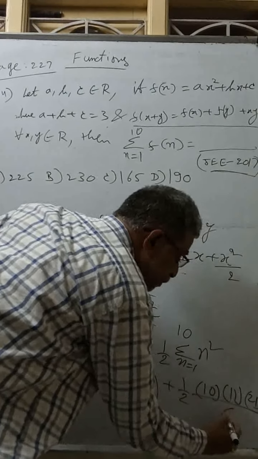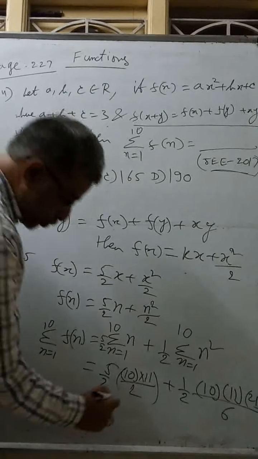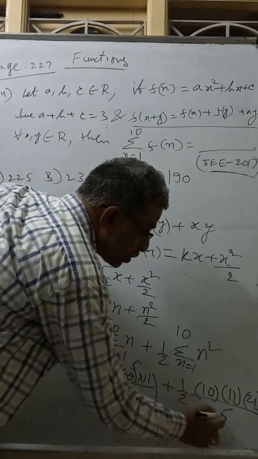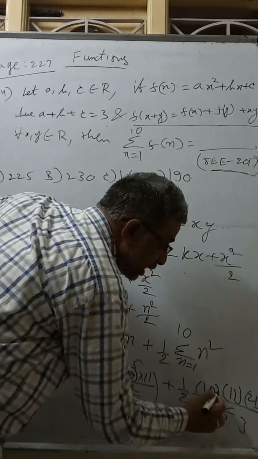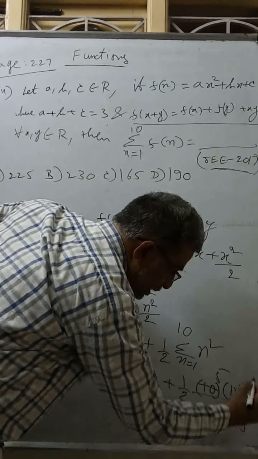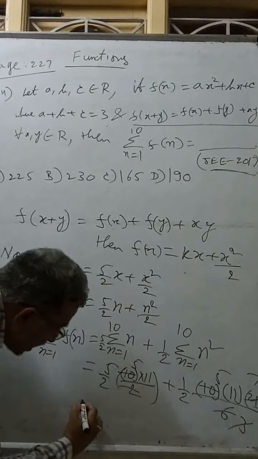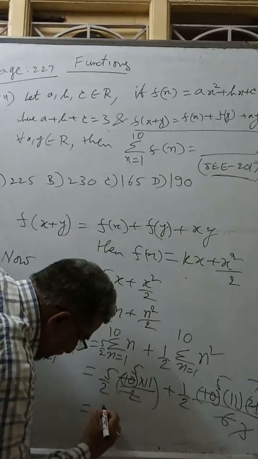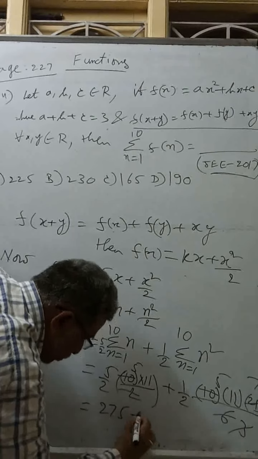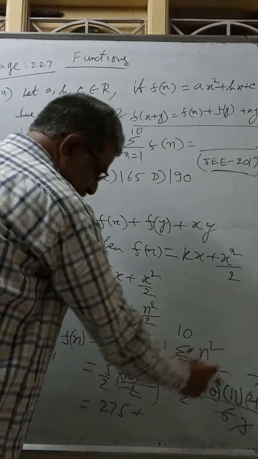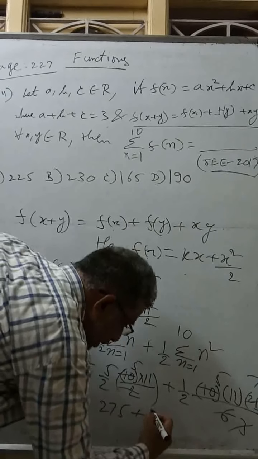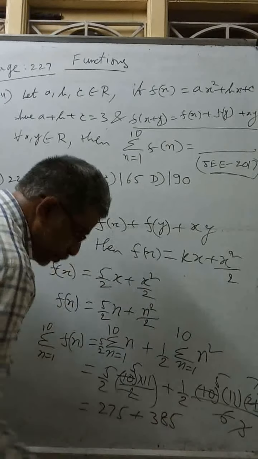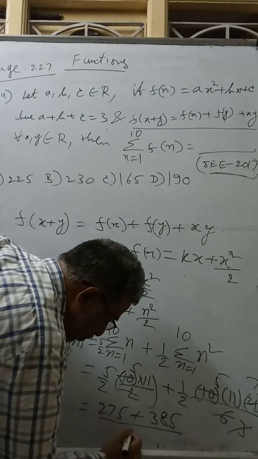by 6. I can cancel here and here also: 2 fives are, 3 sevens are. By simplifying, I get 5 fives are 25 into 11, that is 275, plus 35 into 11, 385, by 2.